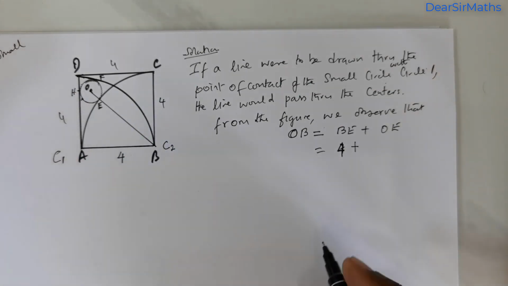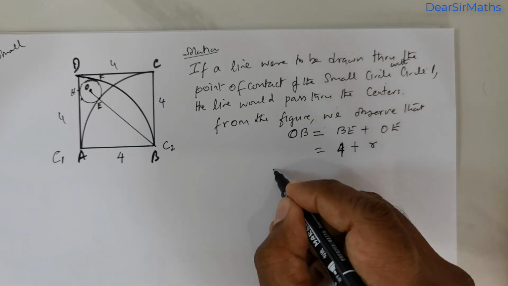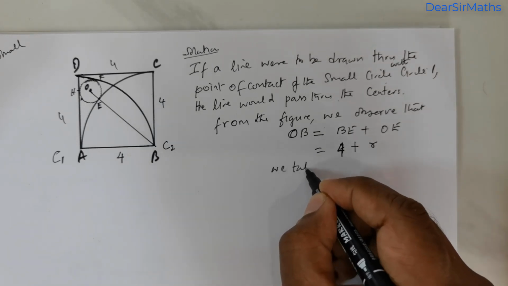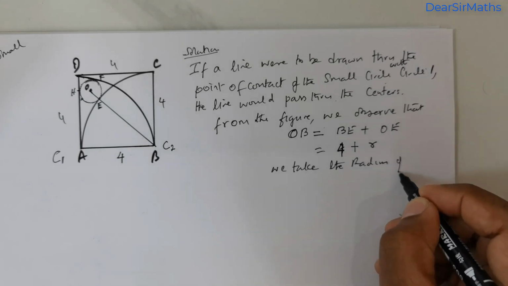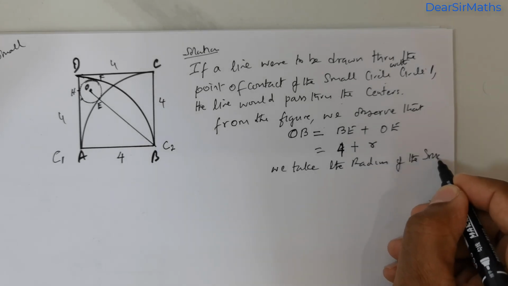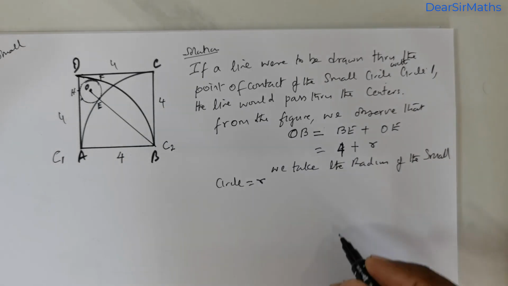OE is the radius of the small circle. So I'm going to take it as R. We take the radius of the small circle to be equal to R units.